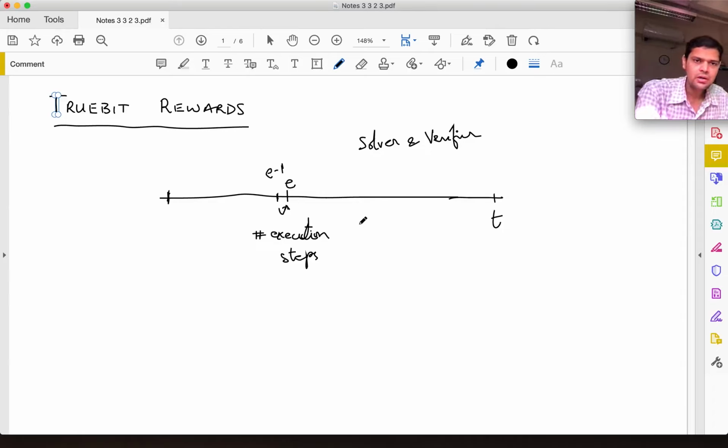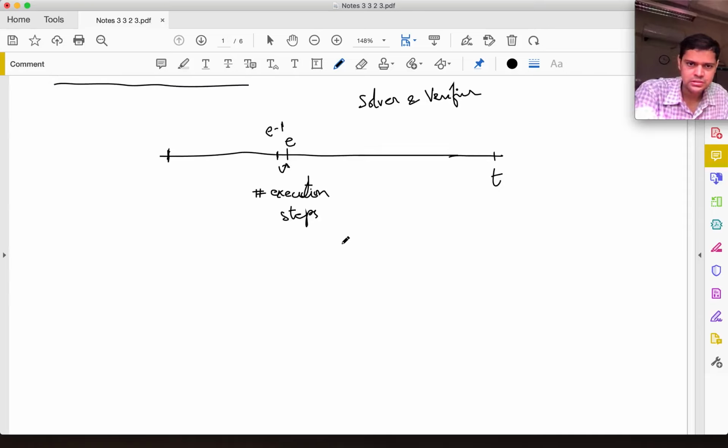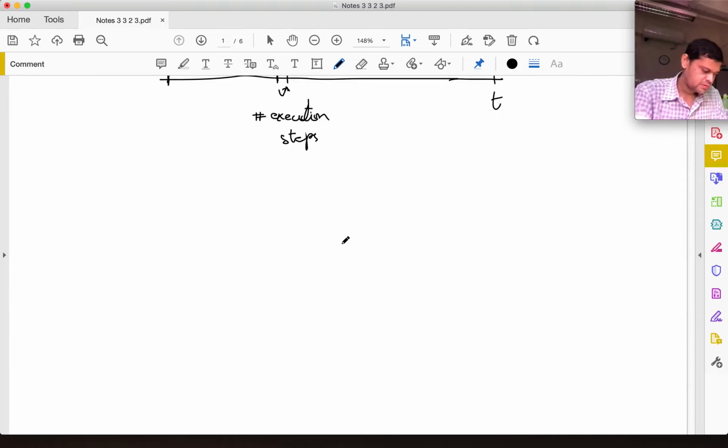So the question is, how do we reward people? It turns out that that's quite tricky, and we'll have to look at various cases. First, let's assume that the bit is true. How do we decide whether the bit is true?